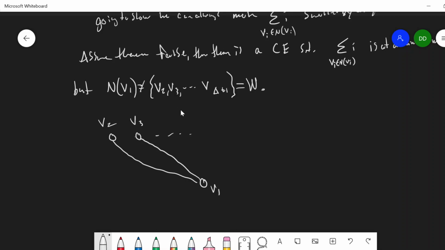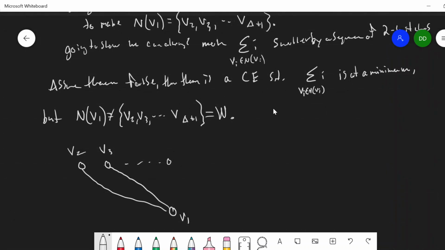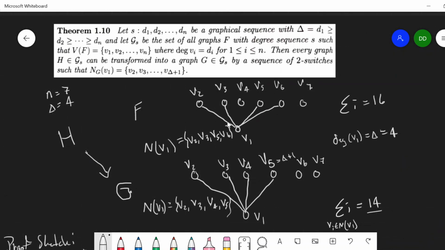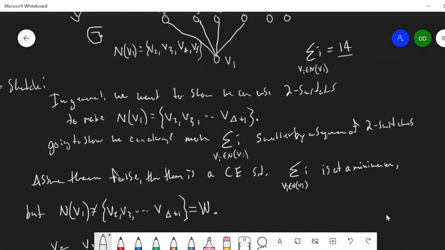And then let's say, what do I want to say here? I want to say that if it's not at a minimum, then it has to look something like this graph up here, something like F, where we skip over some vertex. Now it could be V2, it could be V3. I'm going to draw it in general, some Vj somewhere up here that it skips over.